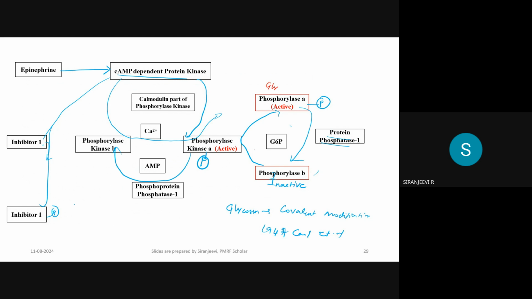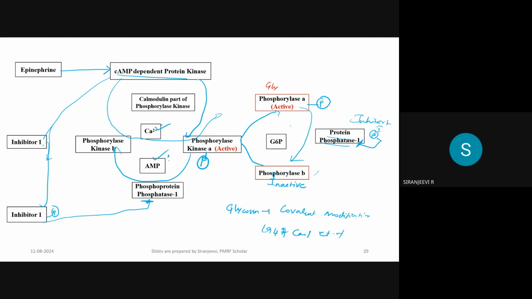This will be regulated by several things. The first thing is regulation by inhibitor 1. The phosphorylated form of inhibitor 1 will inhibit protein phosphatase. How is it stimulated? It is stimulated by calcium as well as AMP.